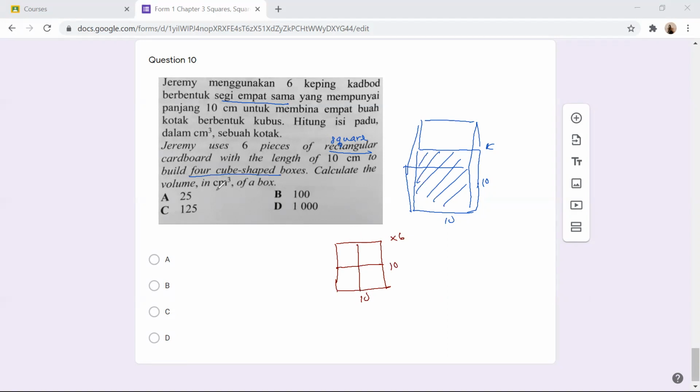Therefore, we can find the volume of the small box. So let's calculate. 10, if we divide it by 2 parts, it will be 5 and 5. That means the new cube formed by the small cardboard will be 5 units. Therefore, the volume of this box will be 5 cube, which is 125. C is the answer.